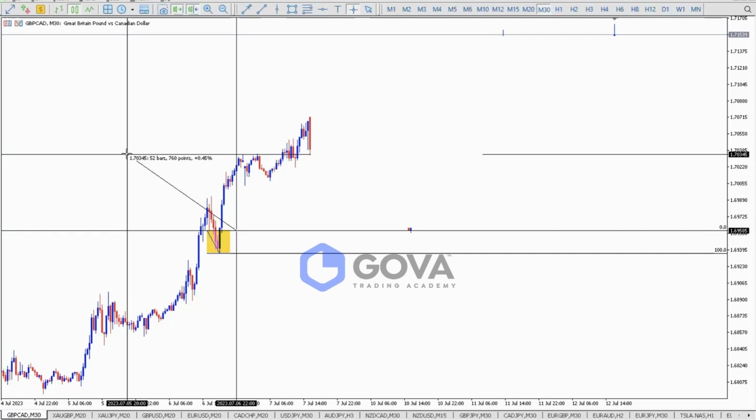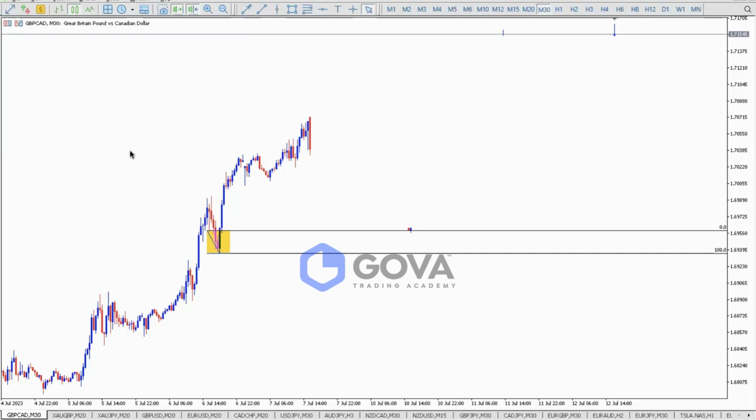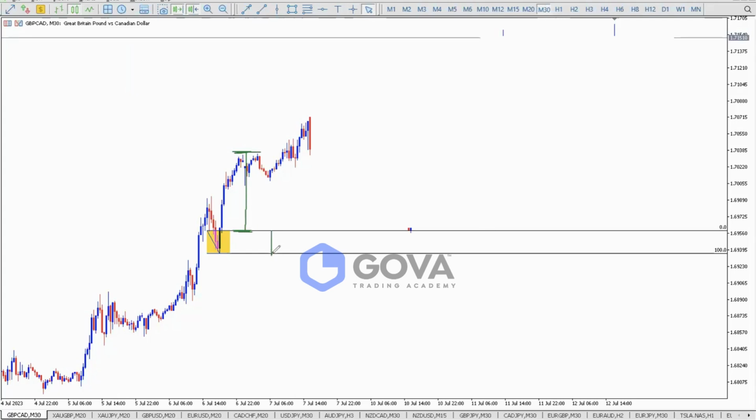So guys, that is how to calculate your pips. Always throw the last number out, and what you have left is what you should calculate. From this area up to this area here is 76 pips. Now let us calculate this area, which is the risk size. Let us see how many pips it is.